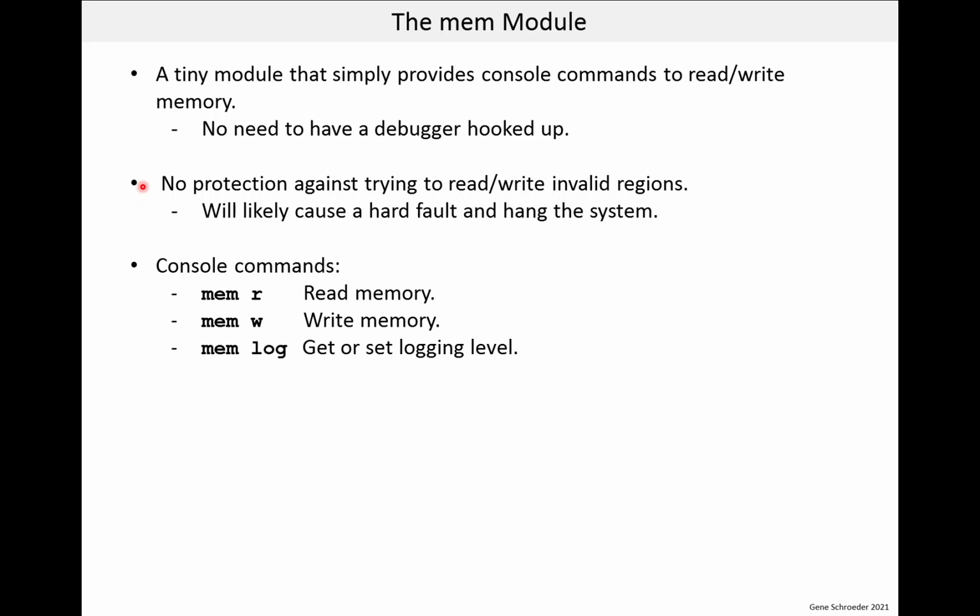You have to be careful and know what you're doing. If you try something bad, it will likely cause a hard fault and the system will hang. So here are the actual commands we'll be looking at in just a minute. And of course, the ones that we're going to focus on are the memory read and the memory write command.